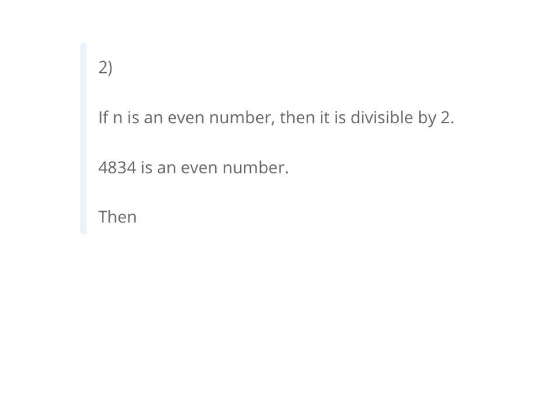If n is an even number, then it's divisible by 2. What's our P? If n is an even number. What's our Q? Then it's divisible by 2. So if 4,834 is an even number, so this is proving P to be true, then what can we assume about Q?